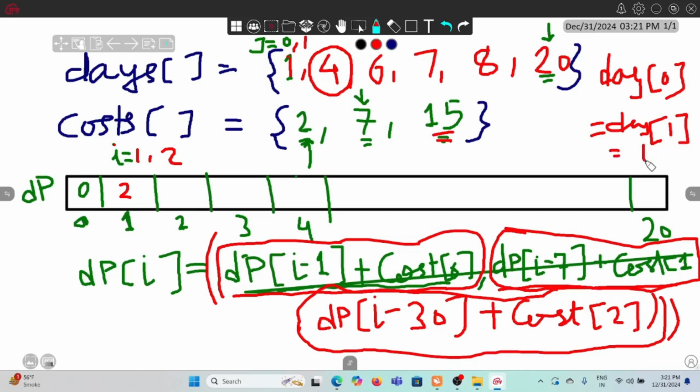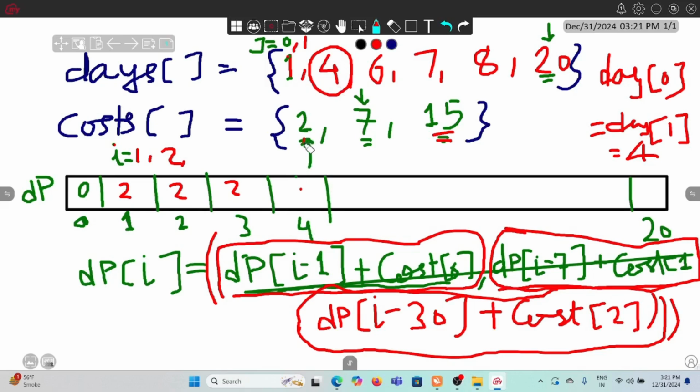But look here, I is 2. That means day 3 we are not using, day 2 we are not using, correct? So cost would be same as it is, so it would be 2 only. This also would be 2 only. But when we reach here, then it will become 4, same as this I. So at 4, this is also 4.